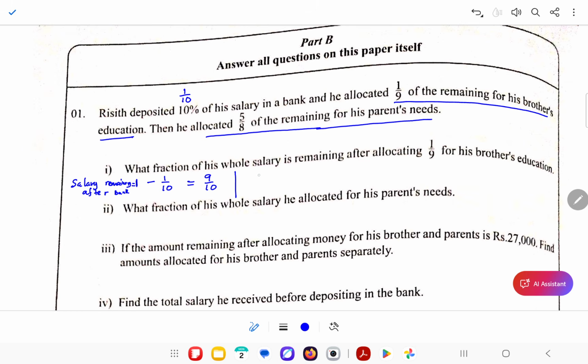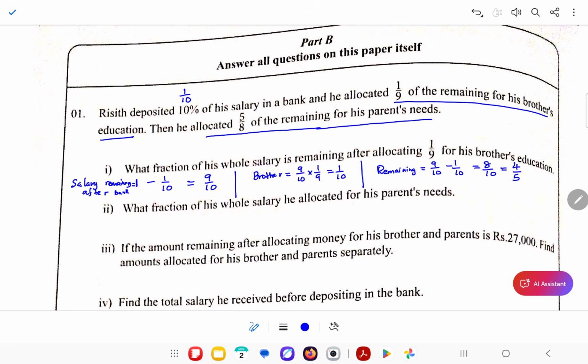Then he allocates for brother's education. So for the brother, 1/9 of the remaining, so 1/10 of the whole he gives to the brother's education. So the remaining amount is what? Remaining amount is 9/10 minus 1/10, 8/10, or 4/5 is remaining.